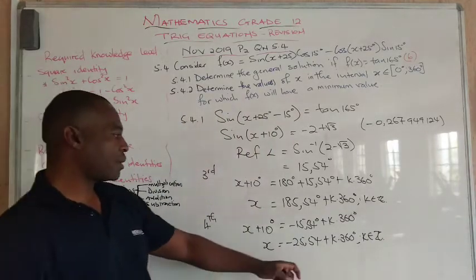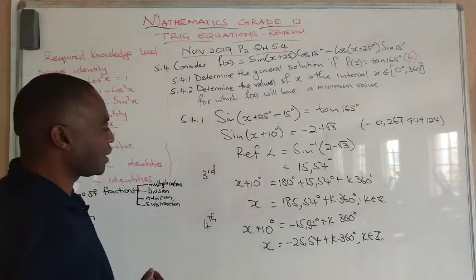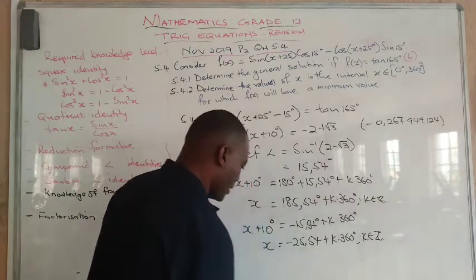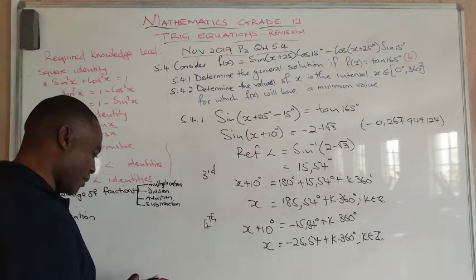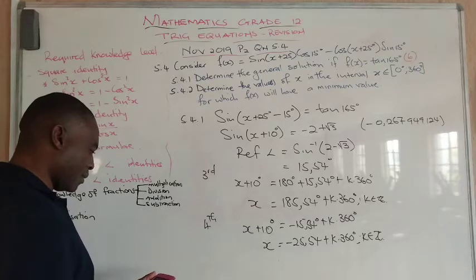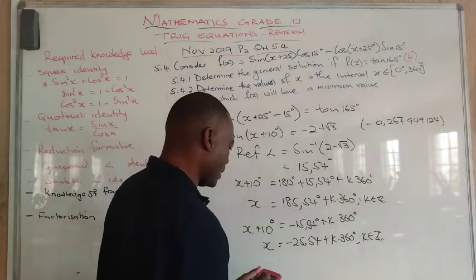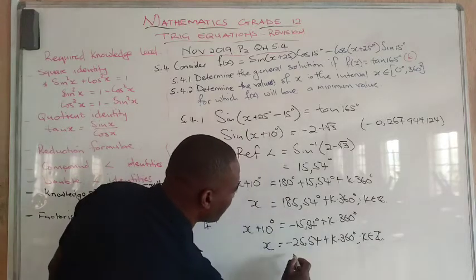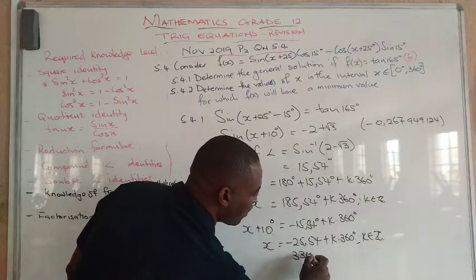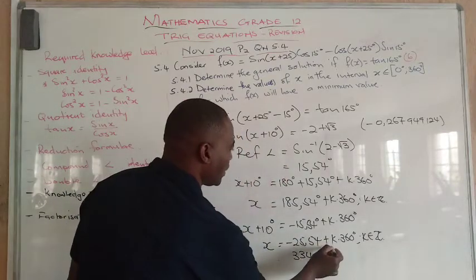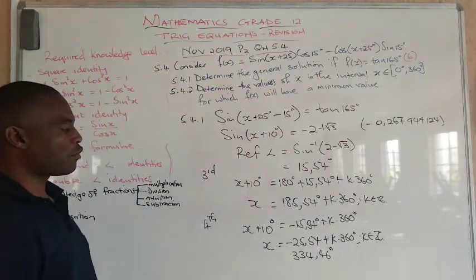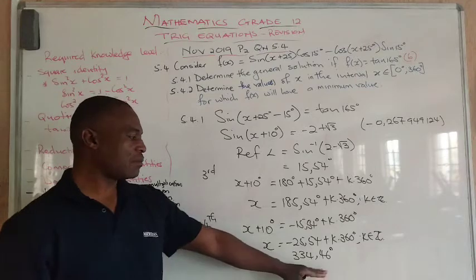Now the same angle, negative 25,54 degrees, can be written as 334,46 degrees. So at times, if you are comfortable with 360 minus, you will come to this.